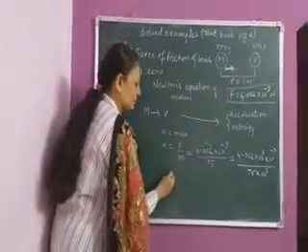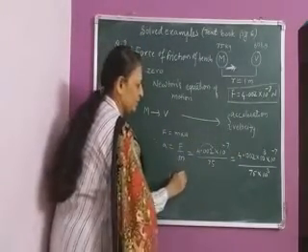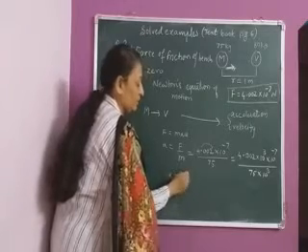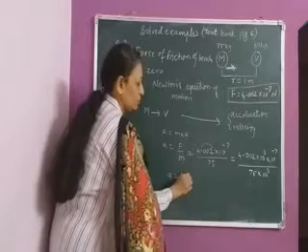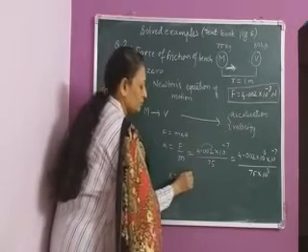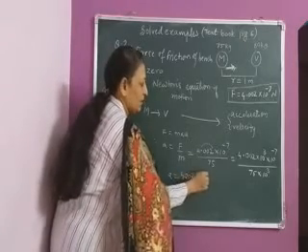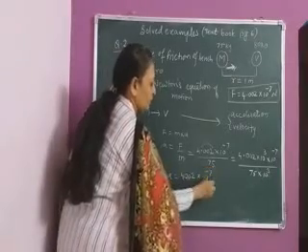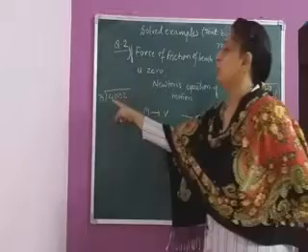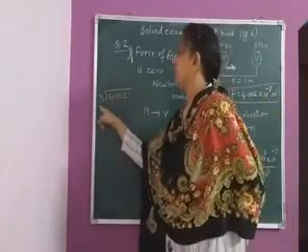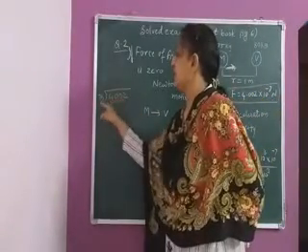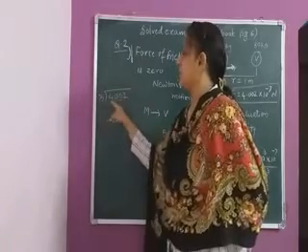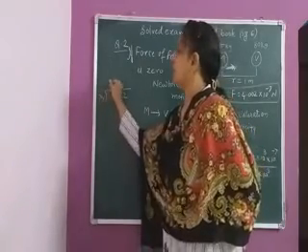So acceleration is equal to, instead of 4.002, it will become 4002 multiplied by 10 to the power negative 7 upon 75. 4002 divided by 75. First 3 digits we will take. 400 divided by 75, it is divisible by 5.